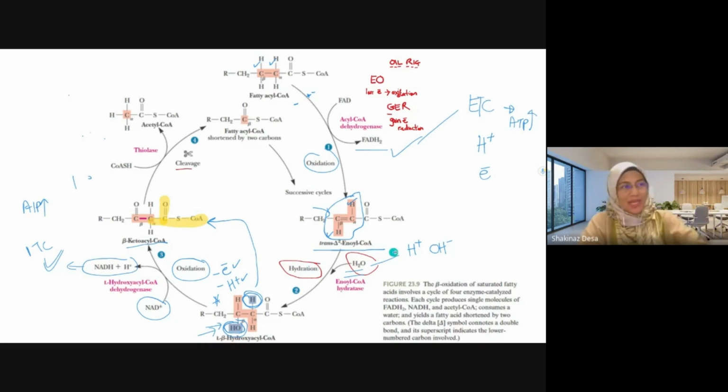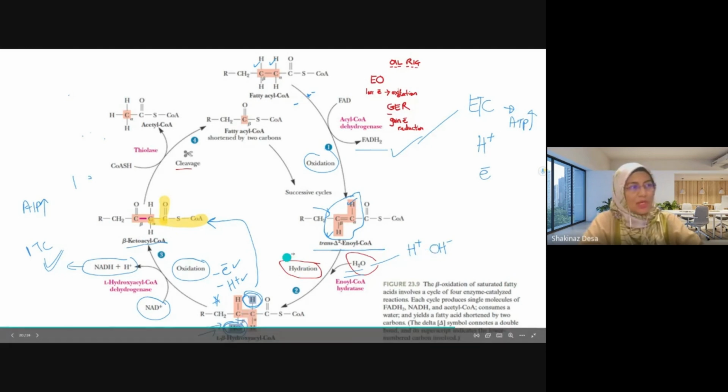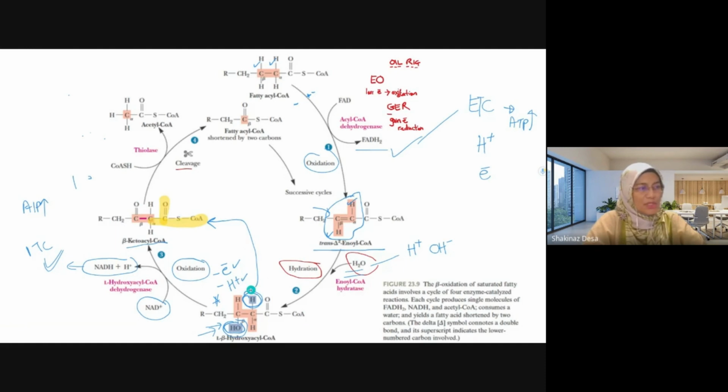So when we add in air kat sini, kita akan add hydrogen ion as well as hydroxyl ion. So these two ions will bind to trans-enoyl CoA to form this structure. Hydroxyacyl CoA. Yang ni hydroxyacyl CoA. And then what's next?